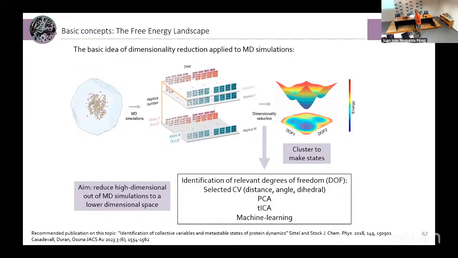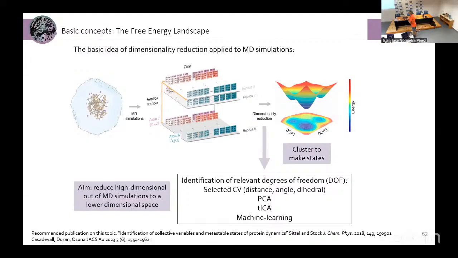And this is a problem because depending on which collective variable you choose, which coordinate, which degrees of freedom you are defining to create your set of coordinates for your free energy landscape, you will be analyzing one thing or another. And this is critical, and this is something that you should be aware of. What I mean by this is, from MD simulations, we can perform multiple replicas and extract the positions of all the atoms along time.